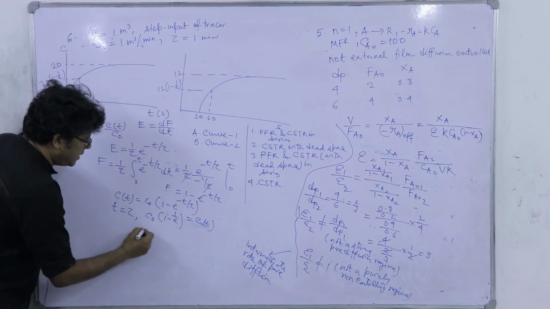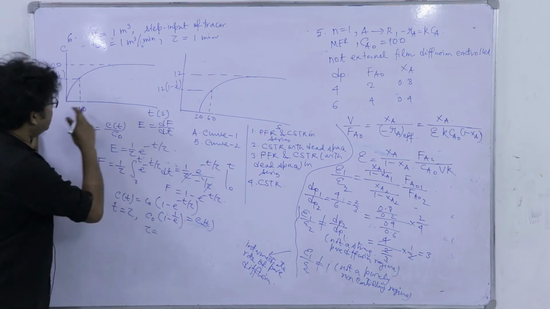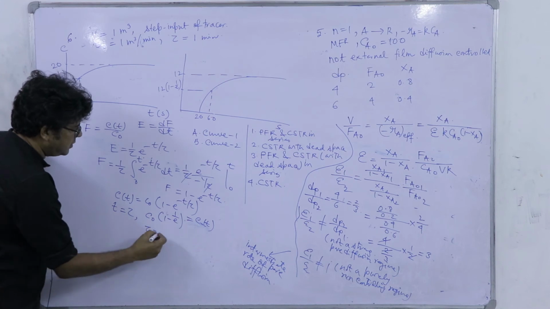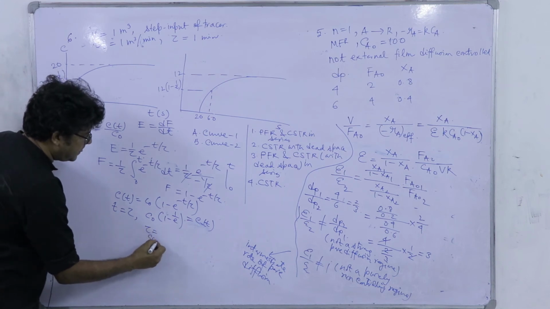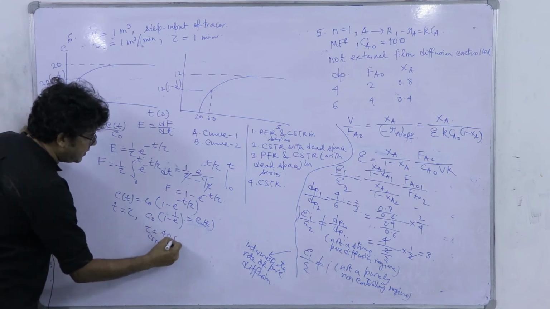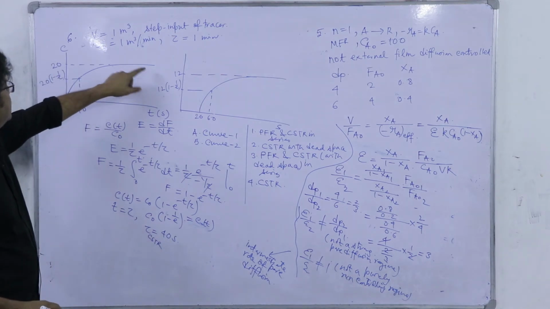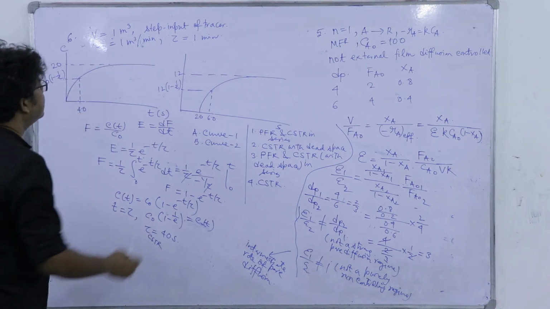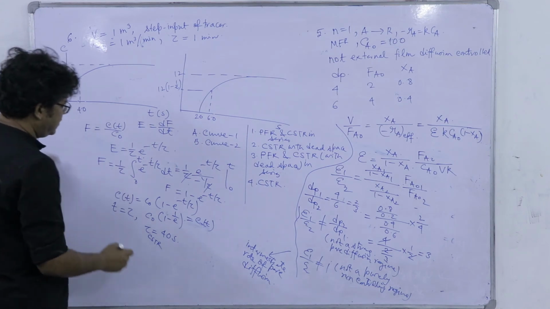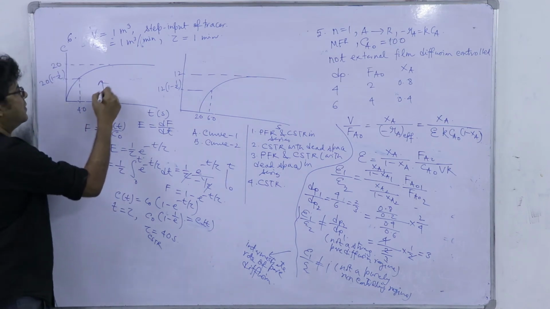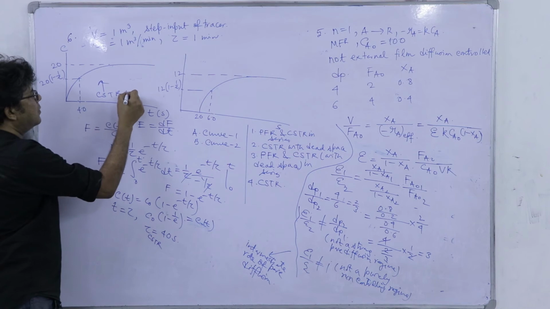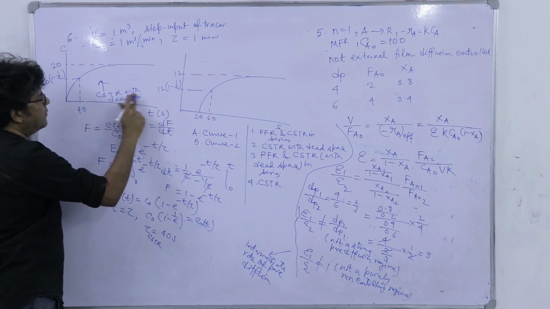So, obviously, we can understand that tau for the CSTR is 40 second, but what is the total space time? 1 minute. So, this is a CSTR with dead time, a dead volume.